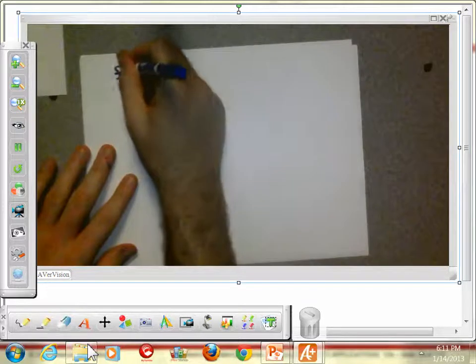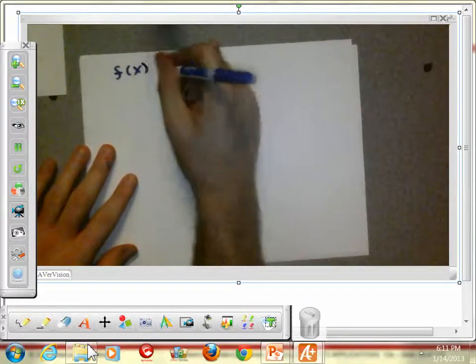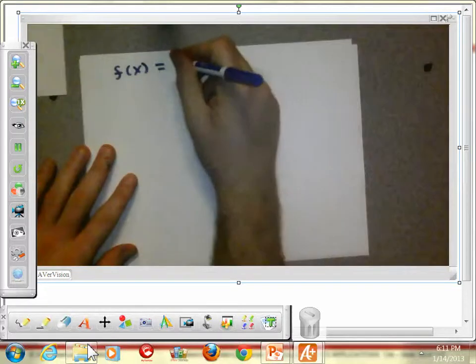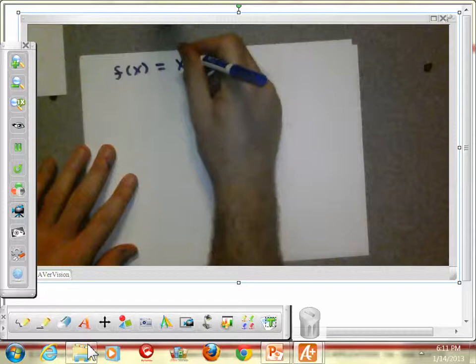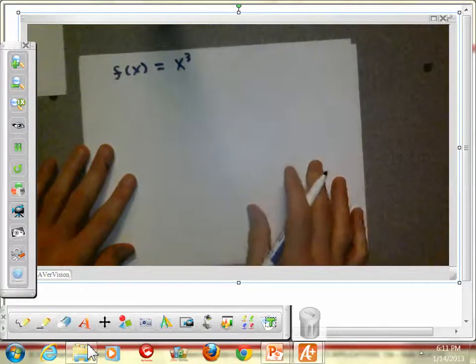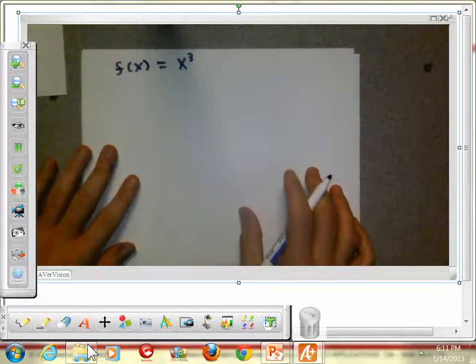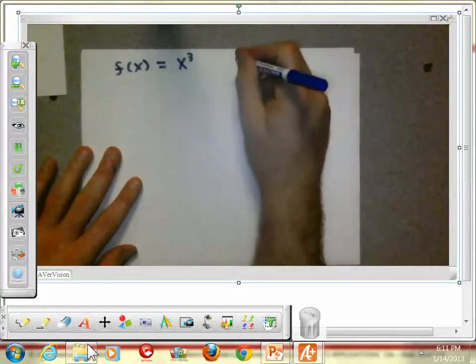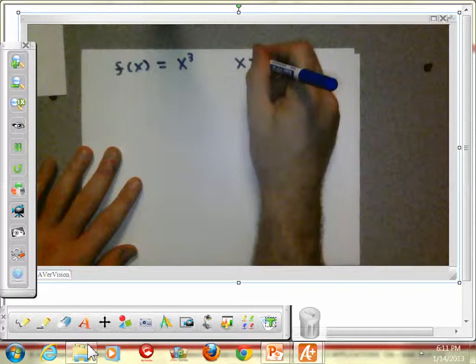I'm going to say, look at the function f of x is equal to, say, x cubed. We want to find the equation of the tangent line when x is equal to 1.